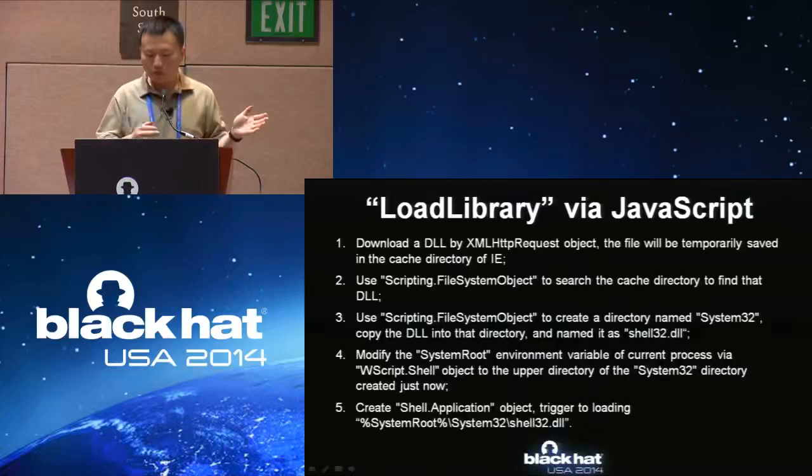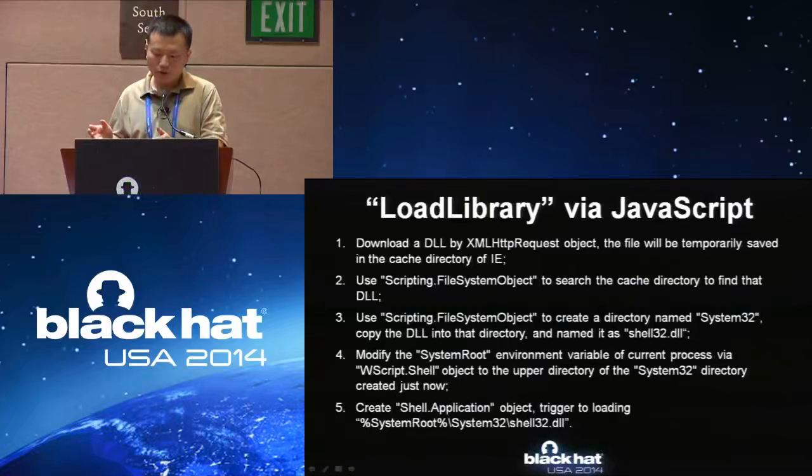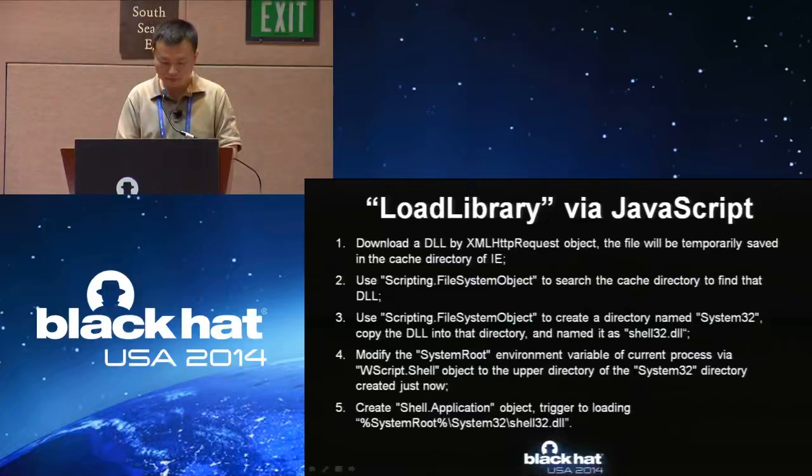The file will be saved in the cache directory. Since we are already in God mode, we can invoke any object. So we use FSO to search the cache directory to find that library.